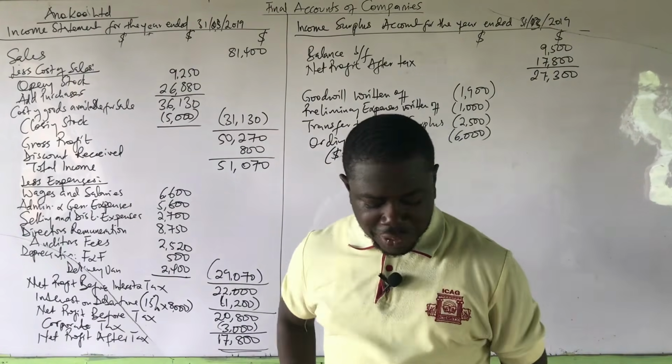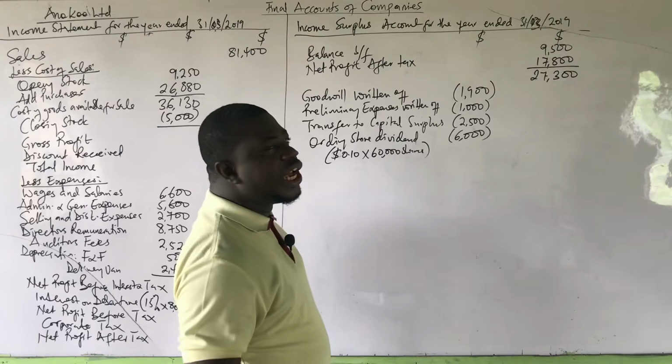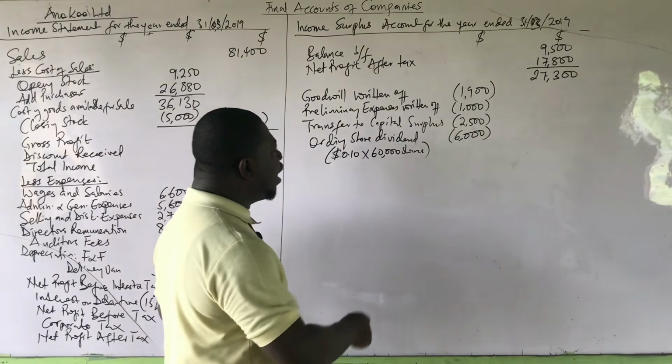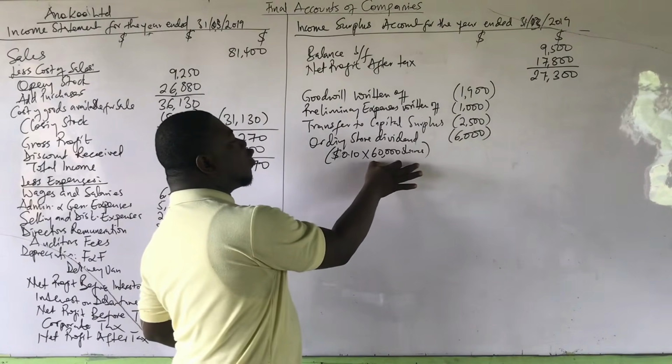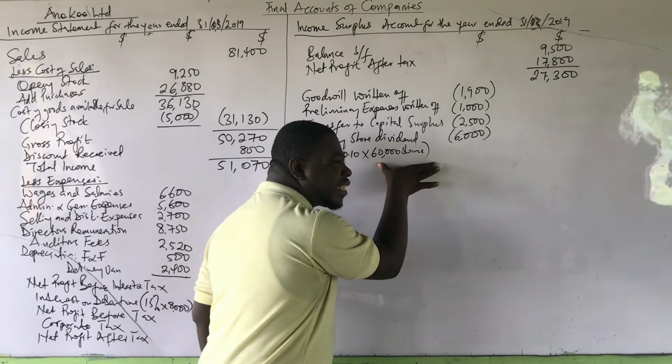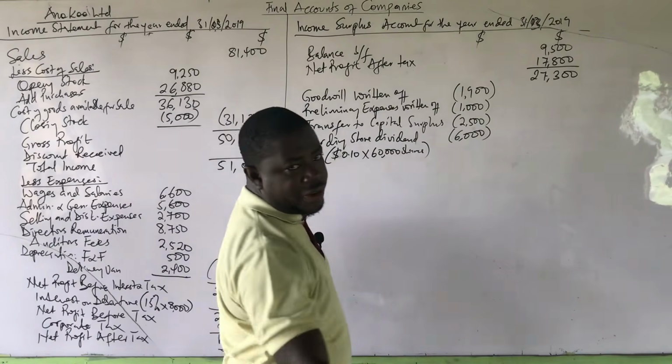Now, the preference dividend is supposed to be calculated as a percentage, 10% preference share. The value of the preference share is $20,000. Now take note that with the ordinary share, the directors recommended that we pay 10 cents per share, meaning that it's supposed to be calculated on the number of ordinary shares, not necessarily on the value of the ordinary shares.